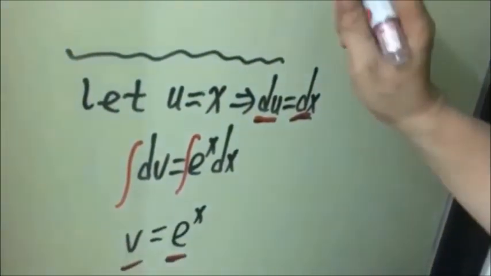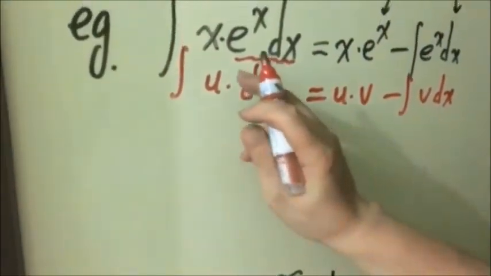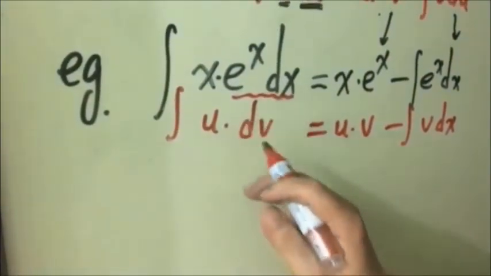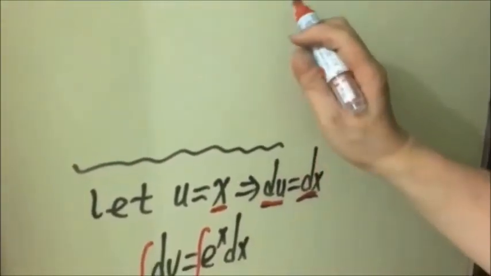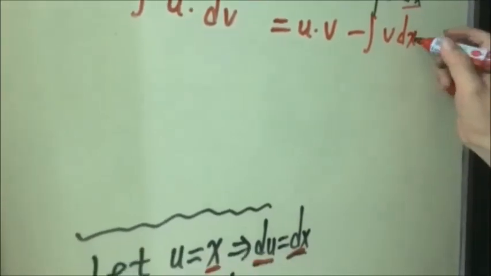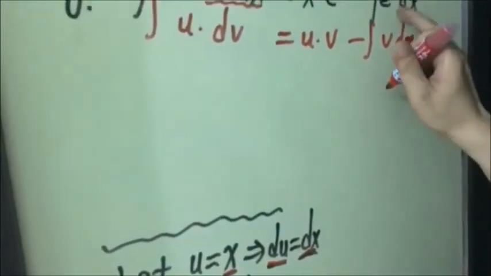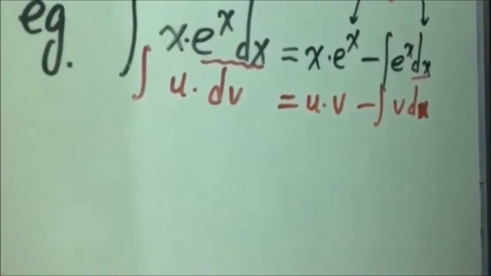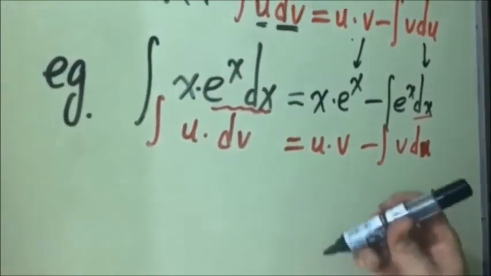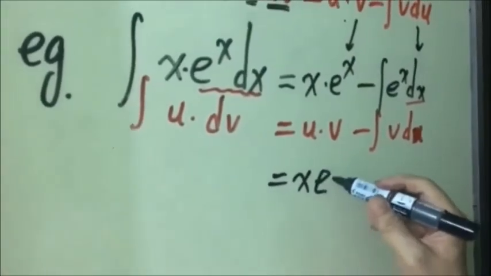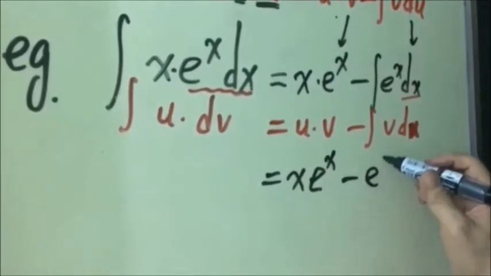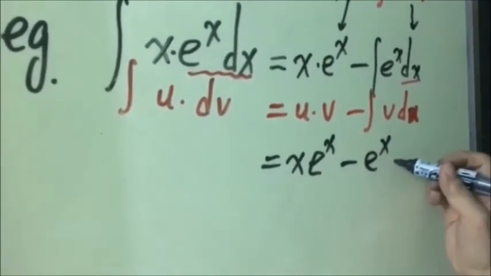So it's not very complicated. You have to choose one of the functions as u. In this example, we choose u as x, and then du is dx. If this integral has an answer, then the whole example is solved. So this is x times e to the x minus e to the x, since the integral of e to the x is e to the x plus c.